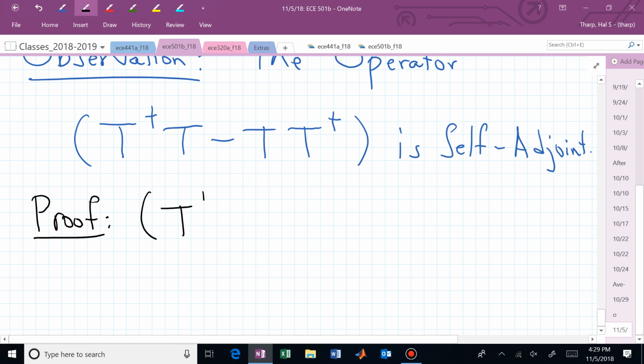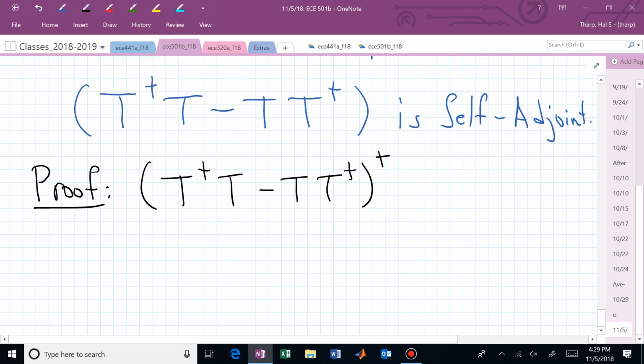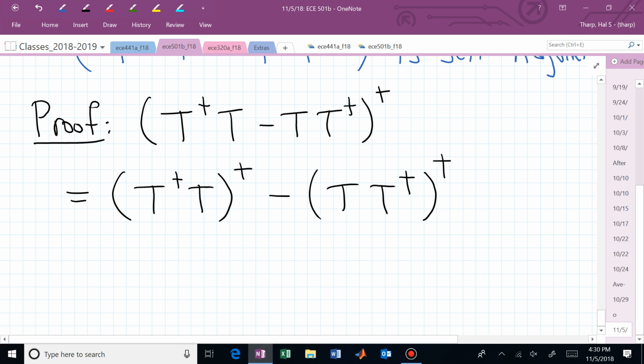We're trying to show that if we have T dagger T minus T dagger, and we take the adjoint of that, it better be equal to what's inside the parenthesis. So now, if I apply that, I have T dagger T daggered minus T dagger daggered. This is just trying to remember how to dagger things, right?